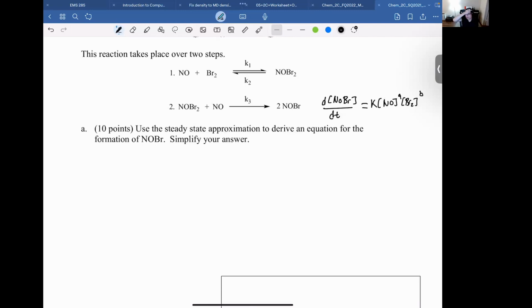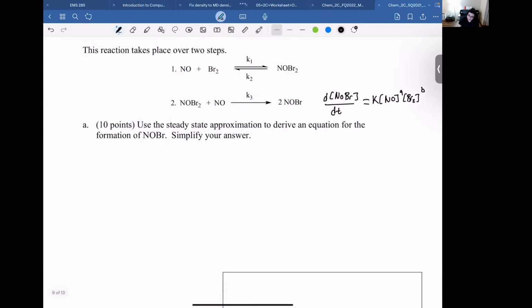But we want it in this form. We want something with just nitrogen monoxide and bromine. Why? Because those are the two things that show up in the first step, right? Those are the two things that are going to combine, and there is an intermediate, but they do end up making NOBr. So I want it in terms of that and not anything else.